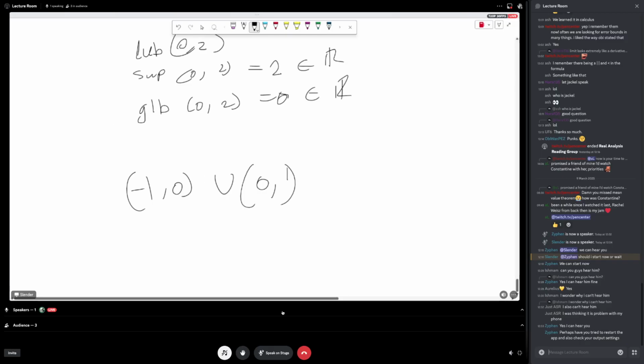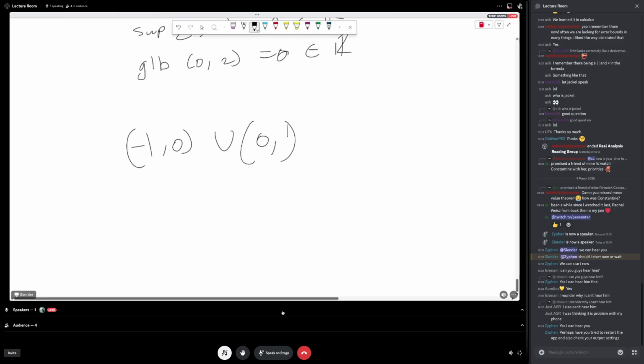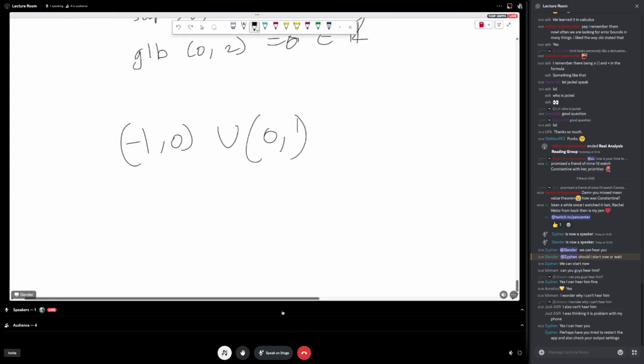This set does not have the least upper bound property because we have some elements missing. For example, we don't have 0 here.